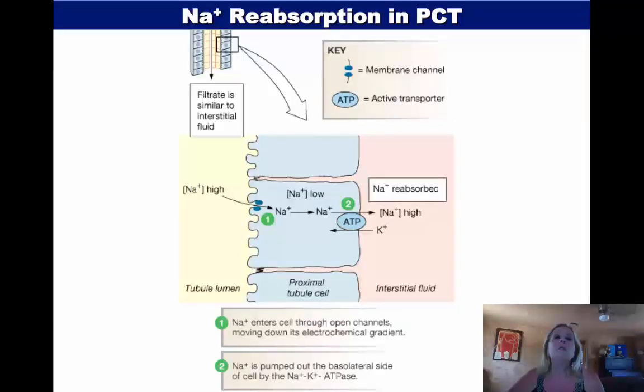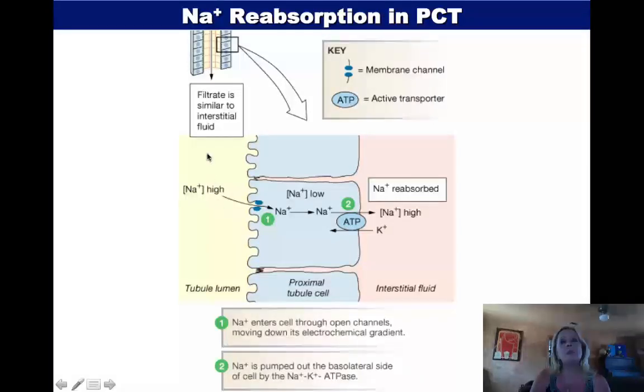Now, you don't want to lose a lot of these products in the urine, and the reason that they're filtered out is because these are very small particles and they're able to get through all of the various layers in order to make it into the tubing system. And unless we do something about this, these particles are going to end up in the urine. And so we're going to talk about how do we get these good things reabsorbed back into the bloodstream.